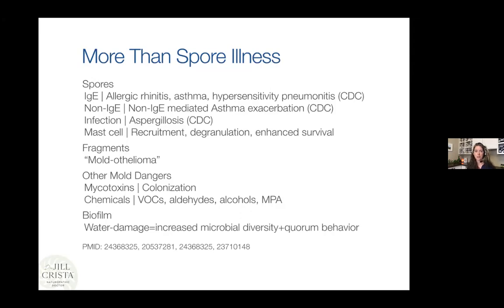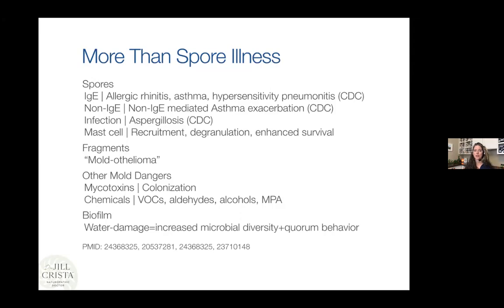It can cause postnasal drip, sore throat, asthma, hypersensitivity pneumonitis, and then the non-IgE mediated asthma exacerbations. And so that's over here in spore. And then you go all the way over to the endpoint of infection. And that's when we can get invasive aspergillosis, typically of the lungs. That's what you're going to see on the CDC website.